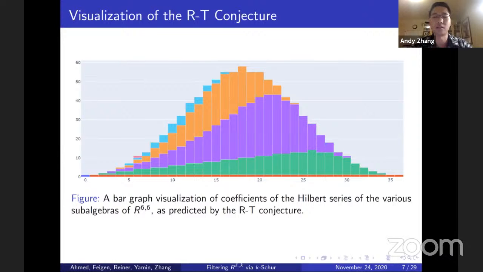We don't know anything about the unimodality of the subalgebra, but we know for sure that the bell curve is unimodal. We still couldn't prove that the subalgebras have the property of unimodality. Okay, thank you.